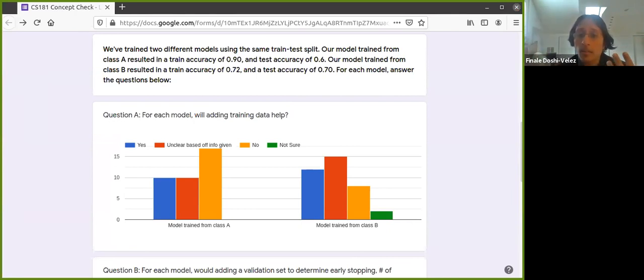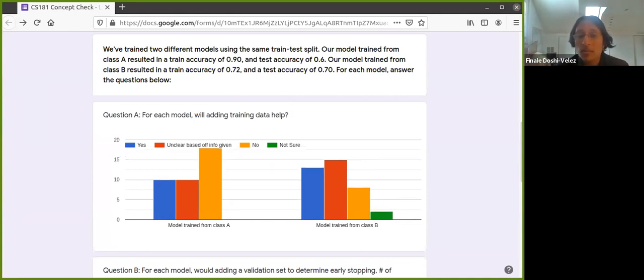Adding more data will help prevent those wiggles, because it's going to pin down the model. The model has too many degrees of freedom, and the more data you add, all of those degrees of freedom are getting pinned down. Whereas with model class B, it's probably not going to help, because it is where it is. It's already fit, and adding more data is probably not going to make a huge difference.